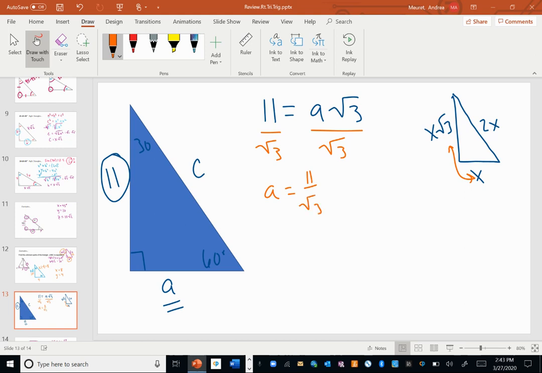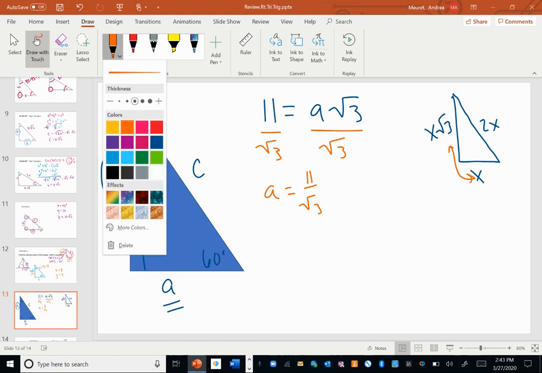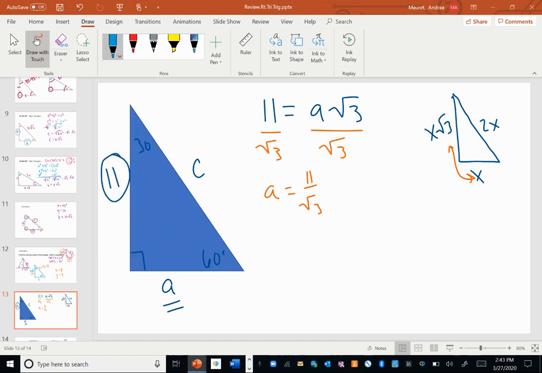And similar to the last problem in the 45, 45, 90 degree right triangles, we now have this in a form that isn't standard, and so we have to rationalize the denominator. The square root of 3 is irrational, and it can't be simplified, and so we're going to go ahead and multiply the square root of 3 to the numerator and the denominator, essentially just multiplying the fraction by 1, so we haven't changed its value.